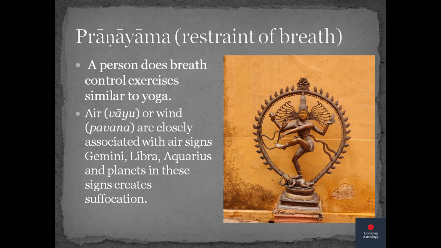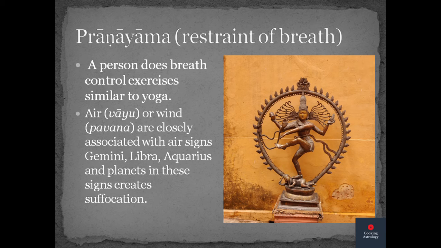Also Saturn and Rahu are associated with air and Pavna. Because COVID-19 or coronavirus is an airborne disease. It is associated with planet Saturn. Because Saturn is a karaka of wind. But the direction of wind is controlled by planet Rahu.